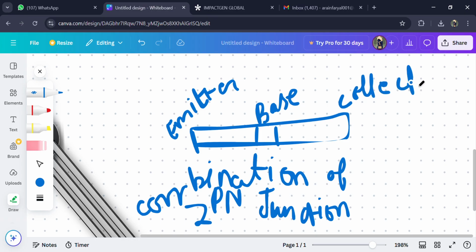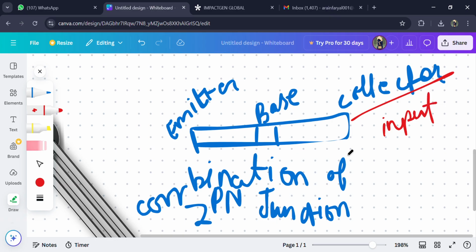Now the basic definition of the three things, let's just start with the collector. Collector is actually the input of the current. Collector is the place which collects, or which allows the current to pass.